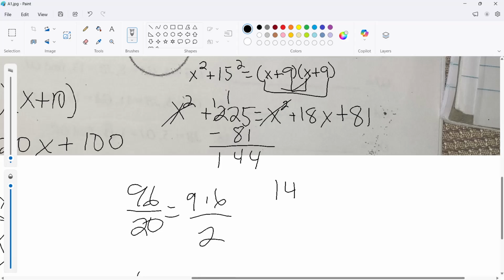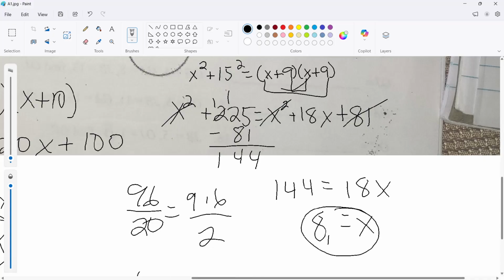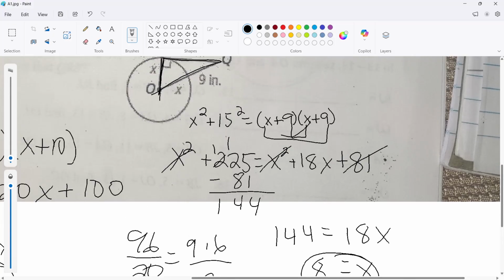So 144 equals 18x. I subtracted that 81 from both sides. So x equals 8. And this time it's inches, because this one gave units.